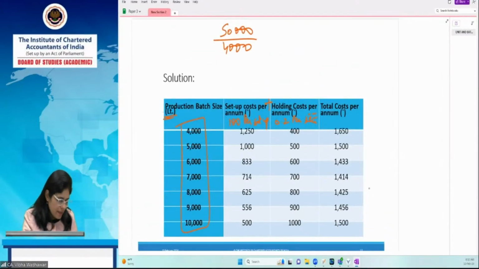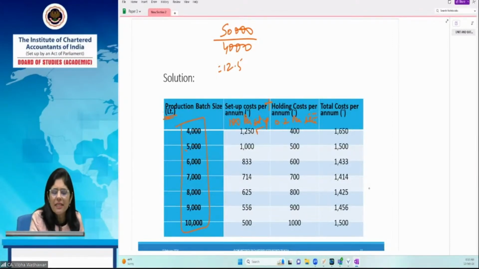How many batches would we require? 12.5 batches, so 12.5 setups. 12.5 into 100 is 1,250.